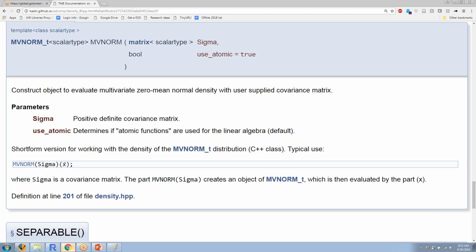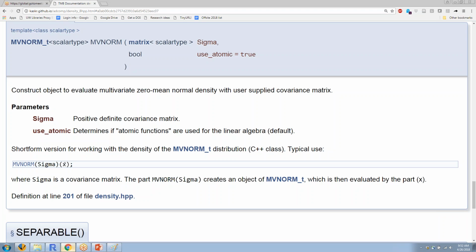I think the way they did that is because sometimes, and I've used this in my code, it's useful, but it's complicated to explain and hard to read for people not used to it. With MVNORM(sigma), you construct this object that defines a function, and you might want to save that and use it later in your code.